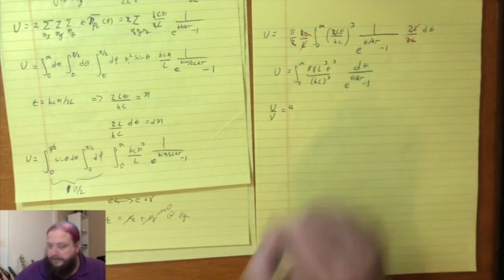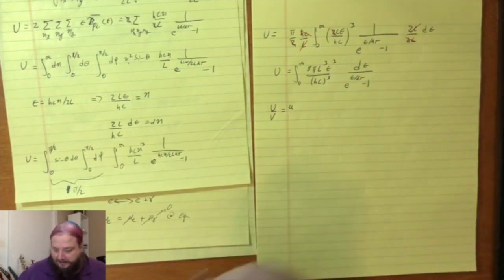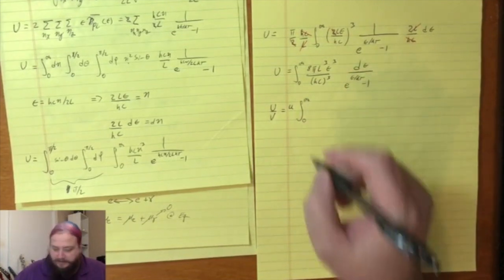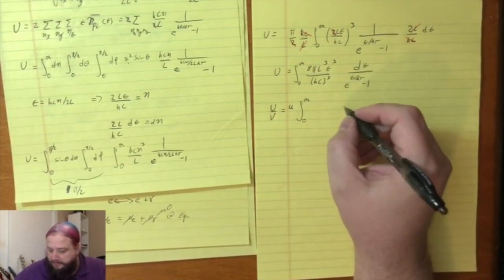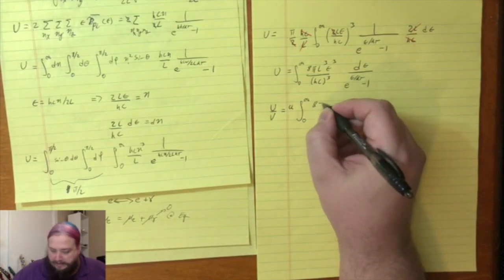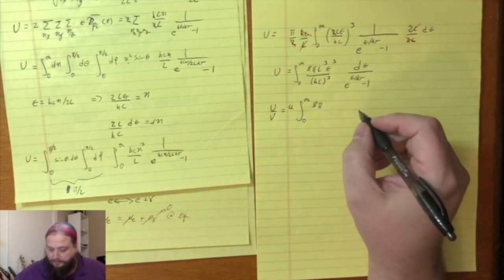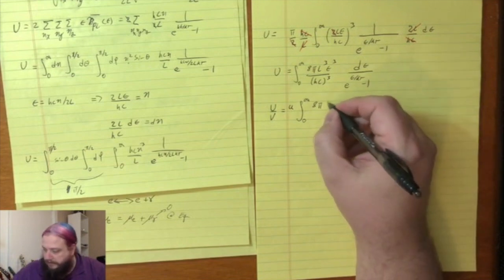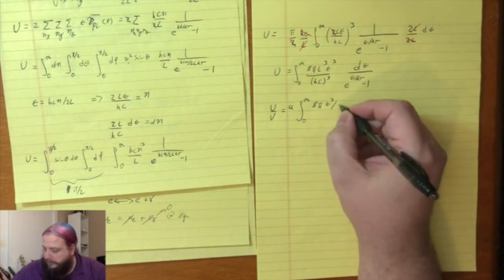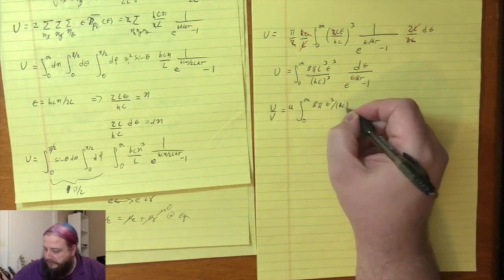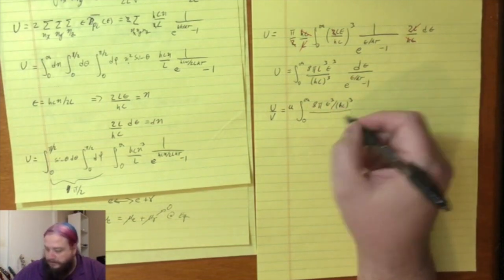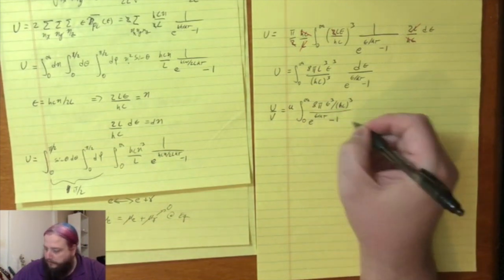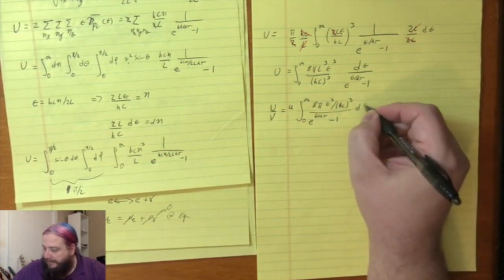So we could call that little u energy density. And this is the integral of 8 pi energy cubed over hc cubed, over e to the energy over kT minus 1, d energy.